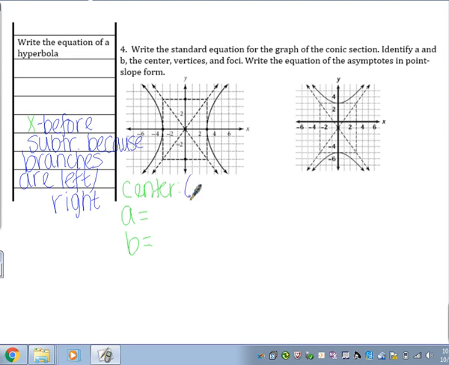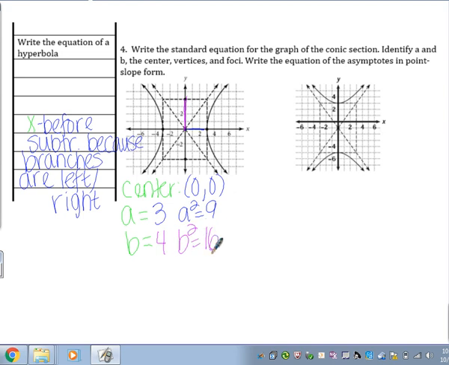Okay, so what's my center? 0, 0. And A is going to be 3. So A squared is 9. And that was that distance here. B is what? 4. So B squared is 16.